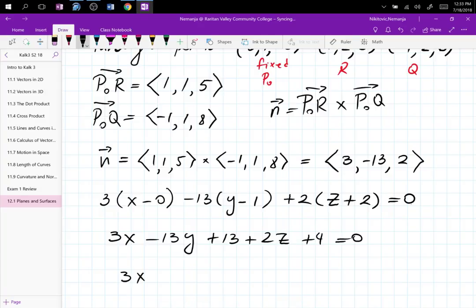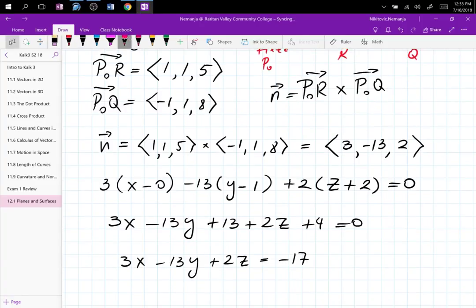Move all of the constants to the other side. So 3x minus 13y plus 2z is equal to -17. And that's the equation of the plane that goes through those 3 points. You can practice this easily by picking any 3 points in space and then computing this the same way.